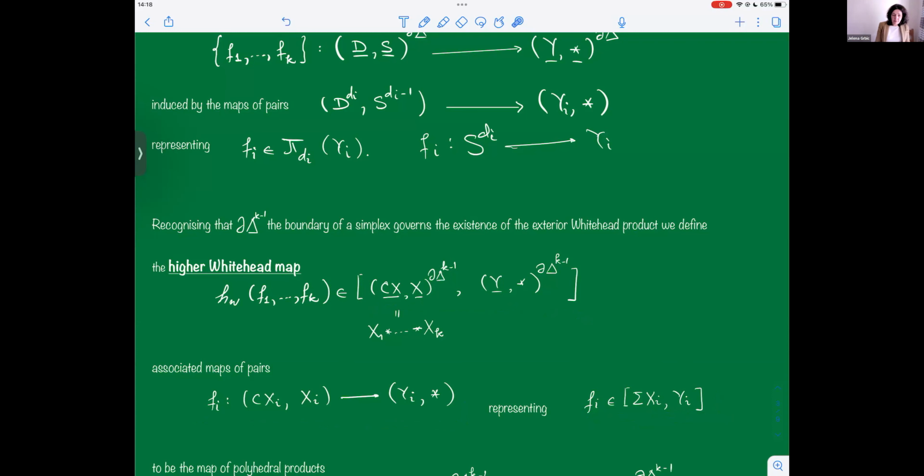That induced map between polyhedral products we will call the higher Whitehead map of F_1 to F_k.